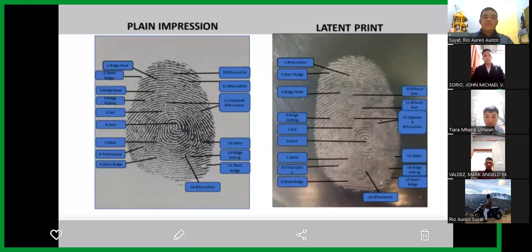Last is opposed bifurcation, which is two opposing bifurcations at both ends of a ridge. And if you haven't asked, I attended the Automated Fingerprint Identification System or AFIS seminar workshop at the Regional Training Center.